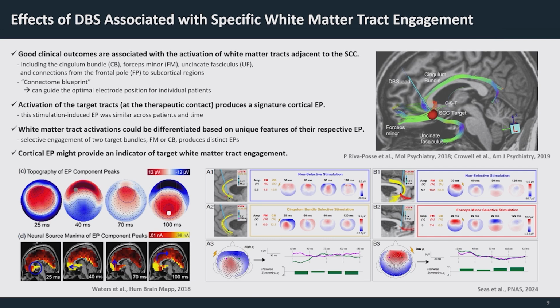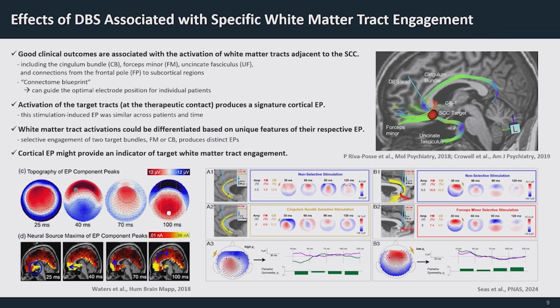In particular, Helen Mayberg's group revealed that responders to DBS shared specific white matter tracts from the stimulation site. And through EEG recording, they also demonstrated that when those fiber tracts are activated, specific cortical evoked potential patterns can be generated.